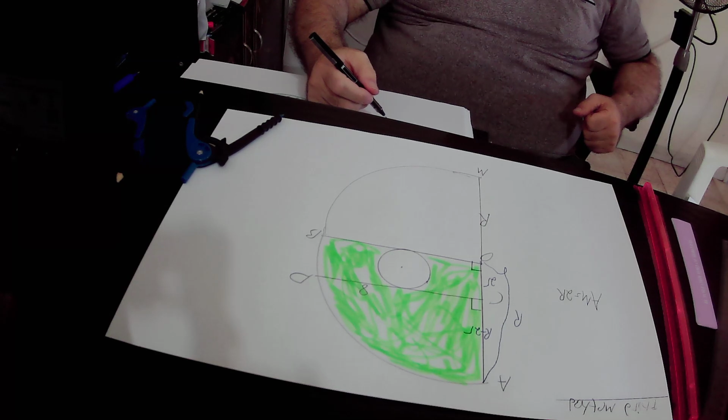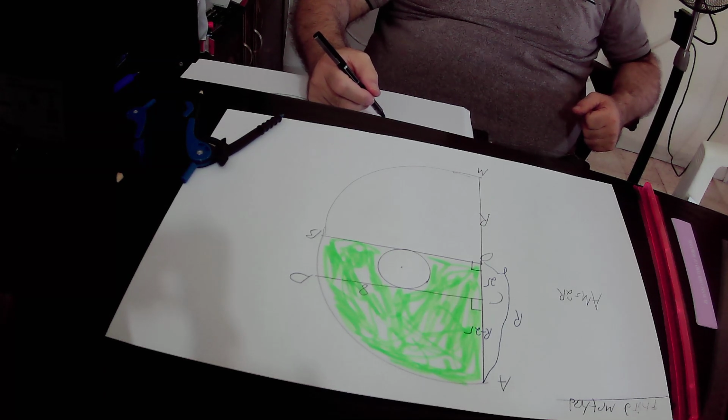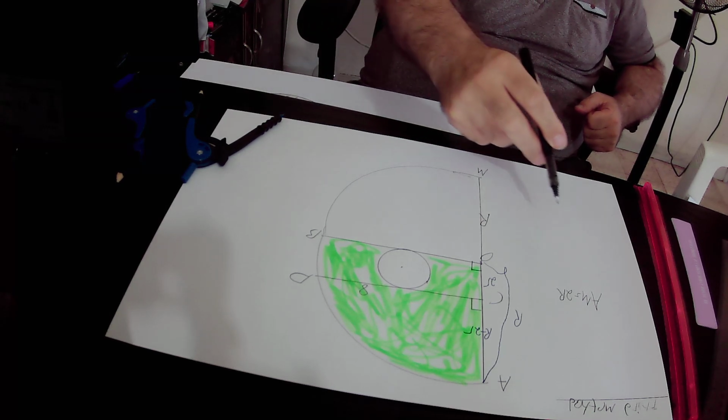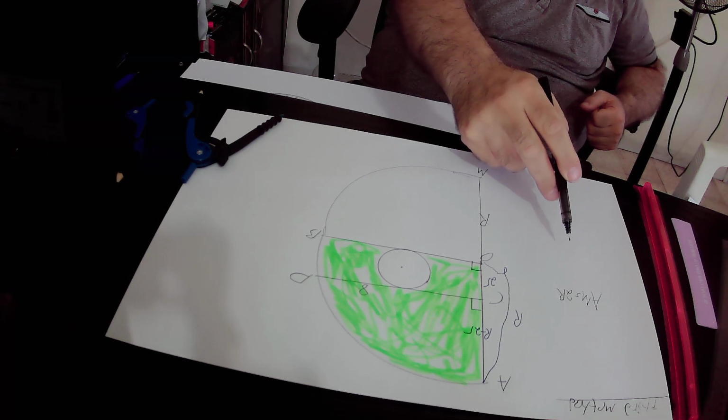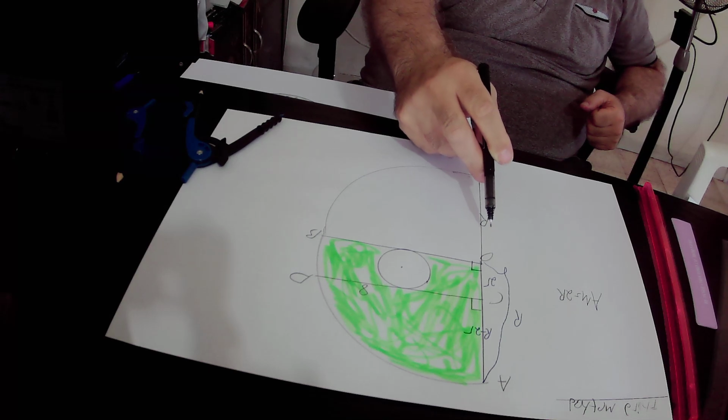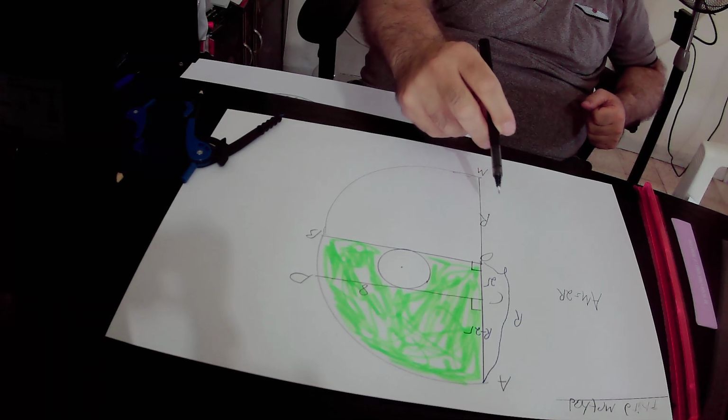Therefore, AM must be the diameter of this semicircle, because AM passes through the center. AM, which is equal to 2 times capital R, passes through the center of the semicircle.